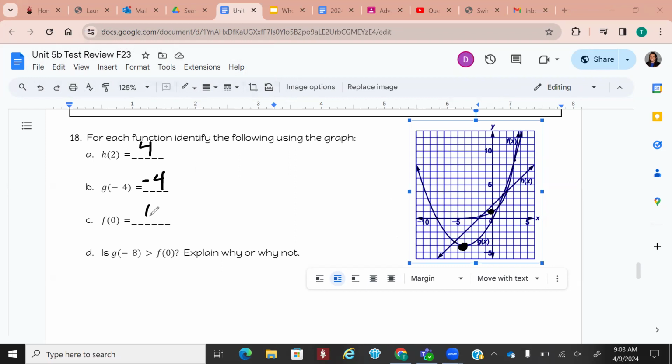Everybody see where I'm getting this from? Okay. G of -8 is greater than f of 0. You're trying to say whether this is true or not. So g of -8. So if we go to -8, that's 0. And then f of 0. So that's 1. Okay. Is this a true statement? Is 1 bigger than 0? No. Okay.